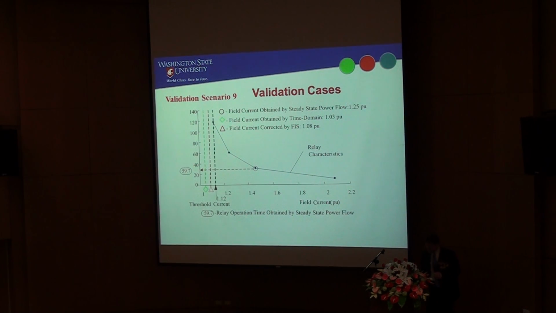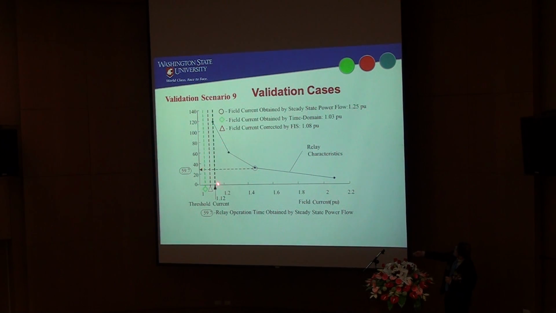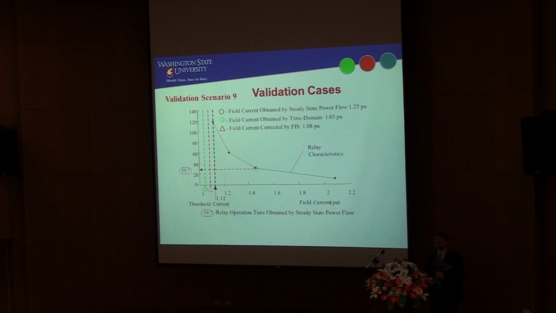And the other case here is a steady-state power flow. It says here, this generator excitation protection will trip that generator. The other two, the triangle and the diamond, were below the threshold, which means the more accurate result is this relay will not trip, right?